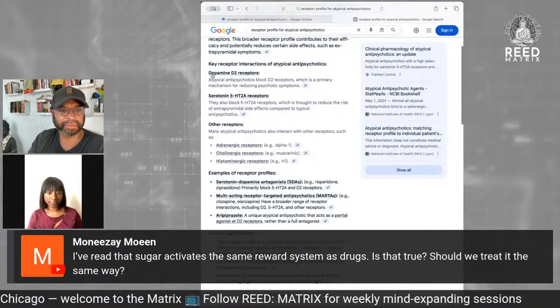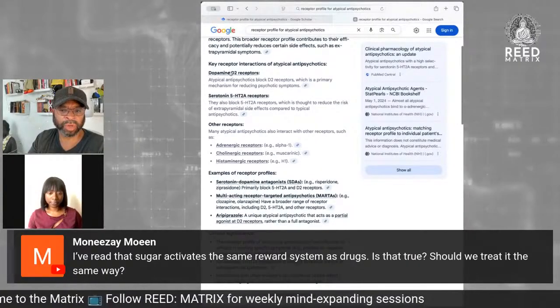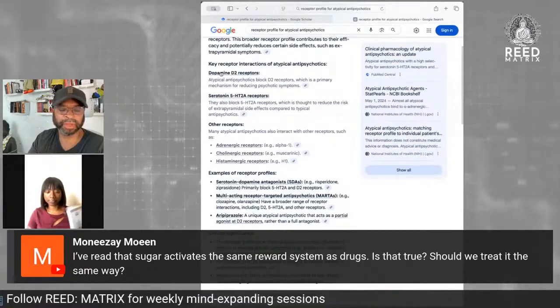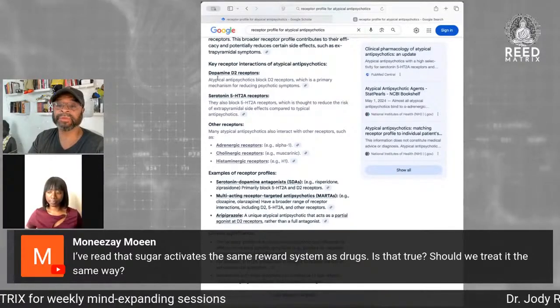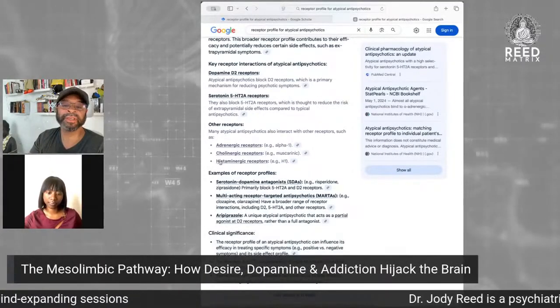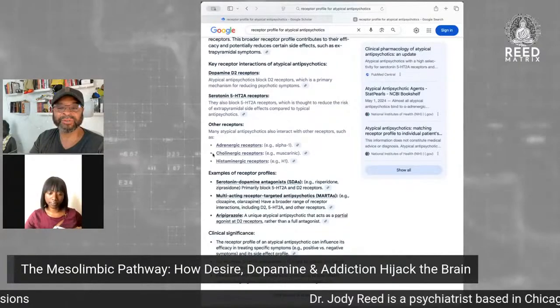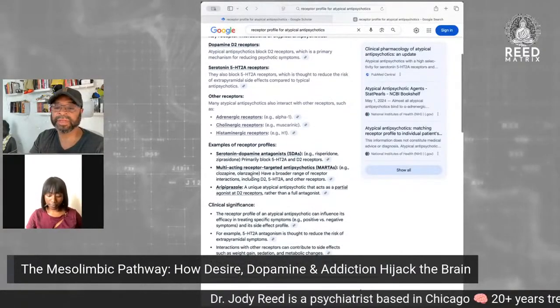And it's a similar profile. You see dopamine D1, D2 receptors. Remember the mesolimbic pathway also had D1 receptors. You have serotonin receptors, the same thing, adrenergic, cholinergic, and some of these receptors.